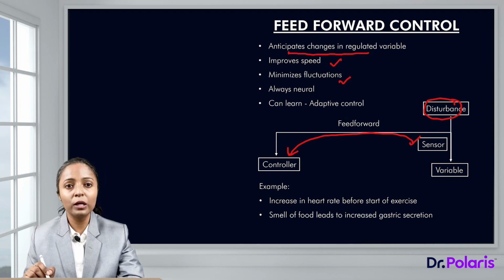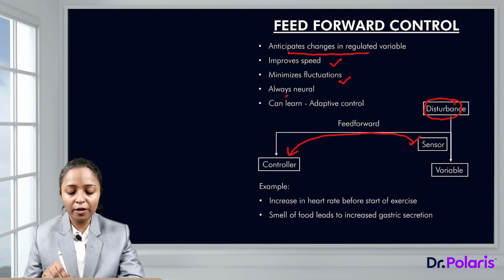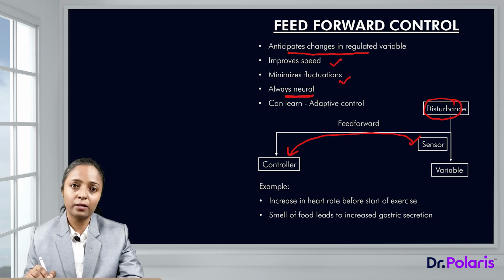So this is improving the speed of correction and minimizing the fluctuations in the value of the variable. Now, this feed-forward control system is always neural. Remember that, because it has to be very quick. Hormonal actions are not that quick, right? So feed-forward is always neural.